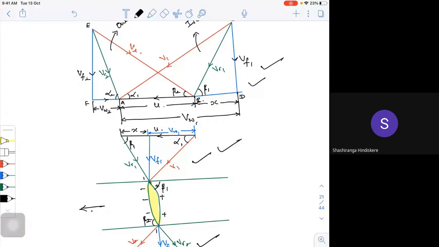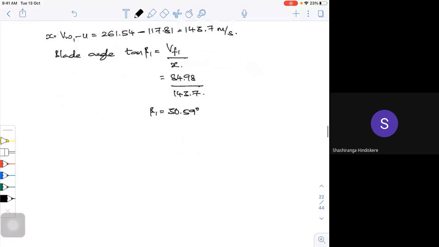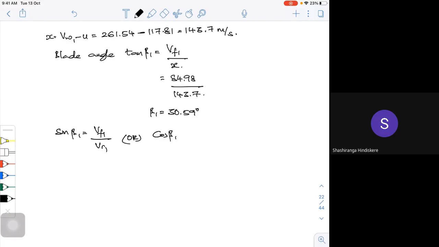So to find Vr1, I can use either cos beta 1 or sine beta 1. What is x actually? x is equal to (Vw1 minus u) divided by Vr1. So both ways I can find it.